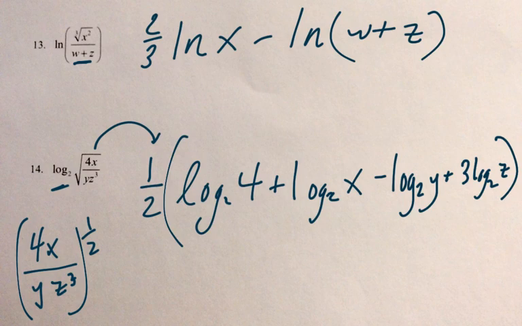Now again, you might want to put a special little, I'm going to put them in red, special little parentheses around these in the denominator. Again, they might not be necessary, but I kind of like to make sure that I group things in the denominator together. Again, it might not be necessary. I'm going to say that like 3 million times, but that's how I like to represent them. Now, this 1/2 would be distributed to all of the terms within there, so we stay true to the original problem.